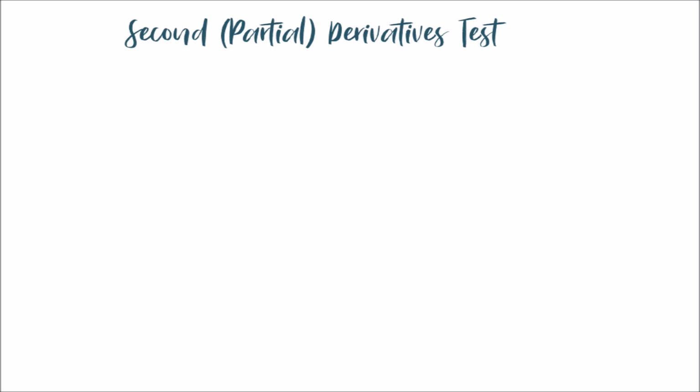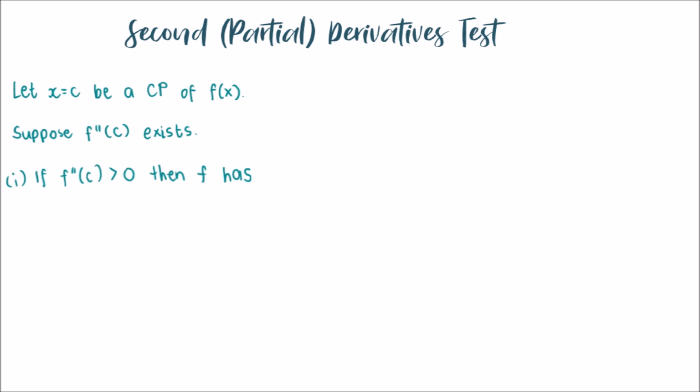But first, let us recall the second derivative test (SDT) for a function f in terms of one variable x. Suppose we have a critical point at x equal to c, and the second derivative of f at c exists. If that second derivative is positive, then f has a relative minimum at c.